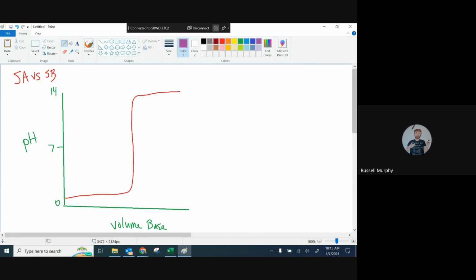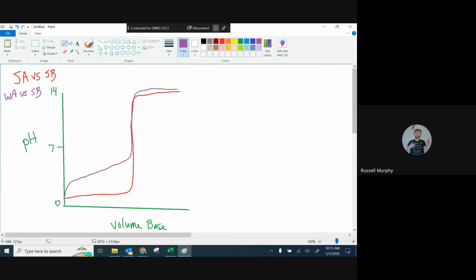And then in purple, we're going to do weak acid versus strong base. Notice at the beginning, we have a funny curve, then we have this slow increase. So we have 2 very different graphs here if you compare the beginnings.